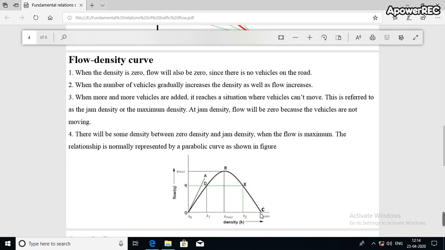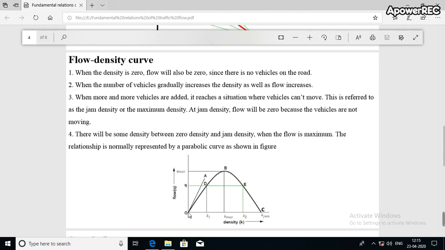The flow has zero value at two different conditions, at point O and at point C. What actually happens here is that when the free flow speed in the previous picture occurred, that means there are no vehicles present in the traffic stream, and the driver of the vehicle is moving with the desired speed. That means at that particular condition, flow and density both will be zero.